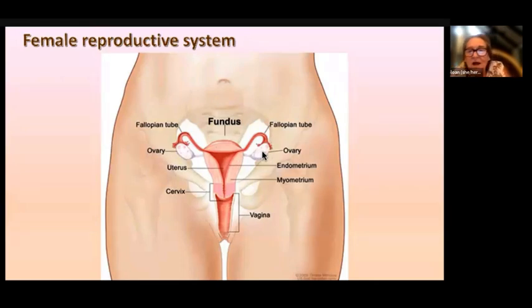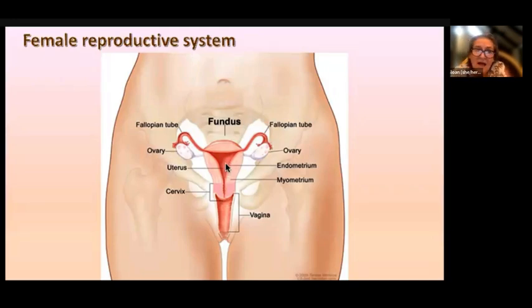And during ovulation, one of these follicles in the ovary will ripen, and it will be released into these little finger-like things called fimbriae, and it will start its journey down the fallopian tube, hopefully at the same time, if we're wanting to get pregnant, that the sperm is coming up into the uterus to meet the egg. If the woman does not get pregnant, then obviously this lining of the uterus sloughs off and becomes the menstrual period.